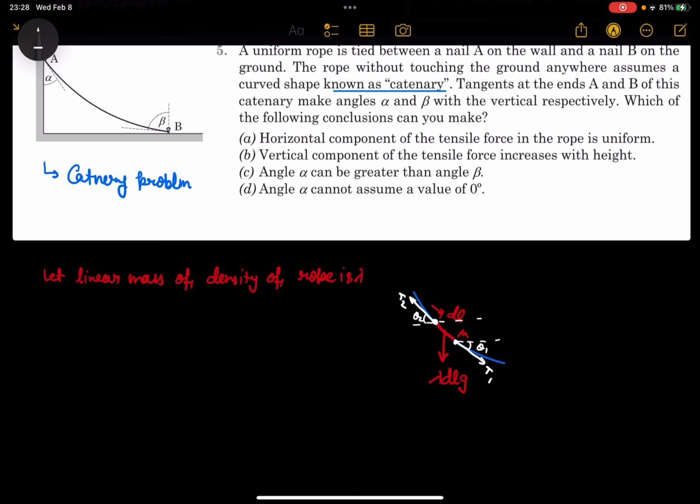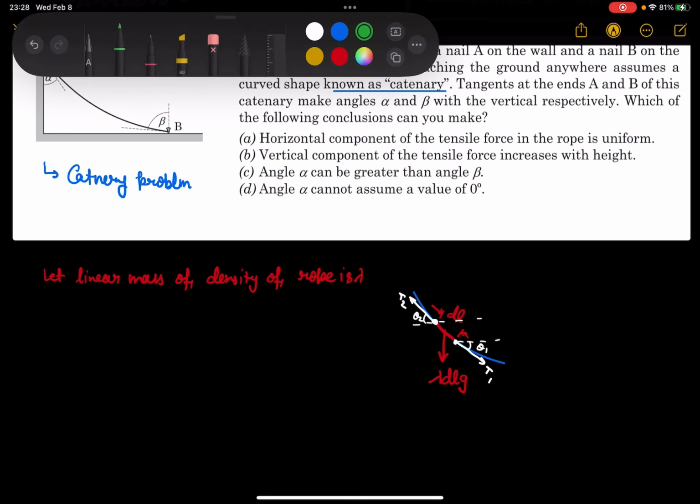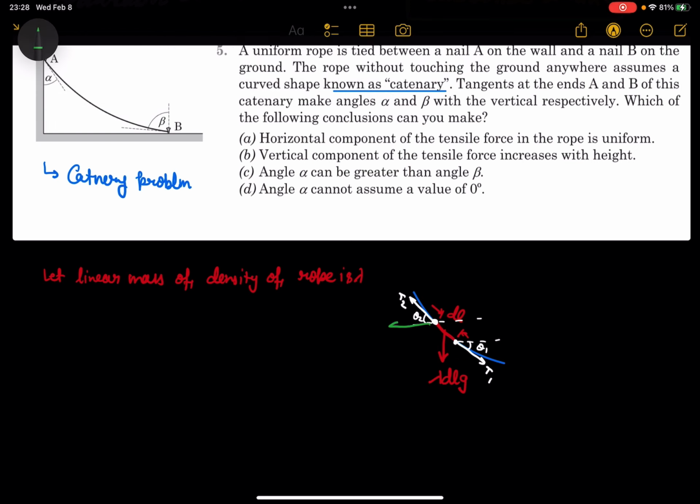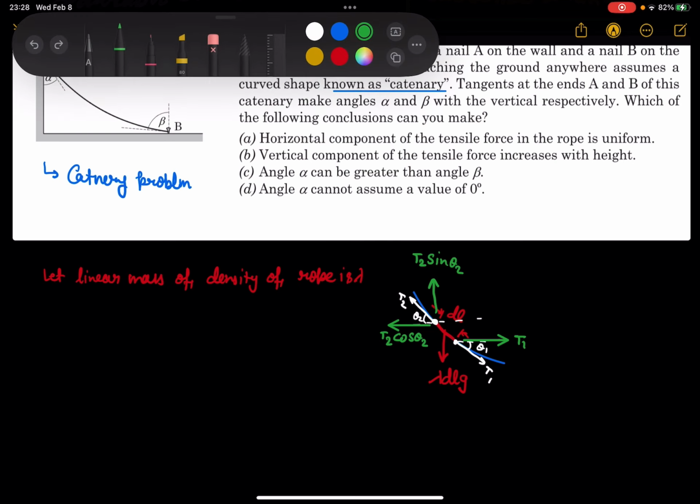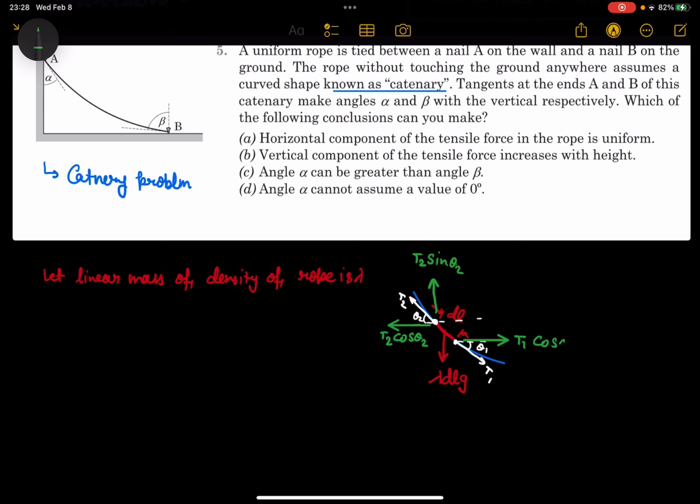The components of T1 and T2: here it is T2 cos theta 2 and T2 sin theta 2, and here it is T1 cos theta 1 and T1 sin theta 1.